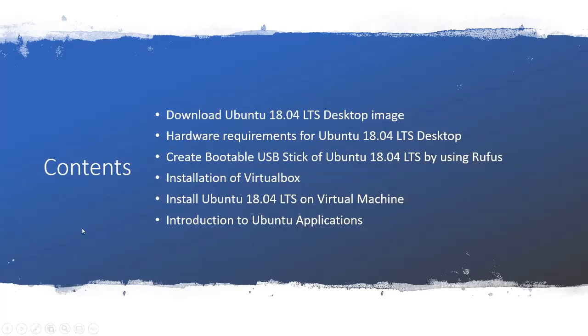Then installation of VirtualBox. We are going to use Oracle VirtualBox to install Ubuntu. Then we will see installation of Ubuntu 18.04 LTS on a virtual machine, and in the last we will see how Ubuntu applications are helpful in libraries.